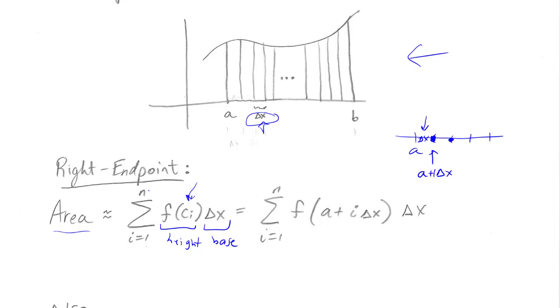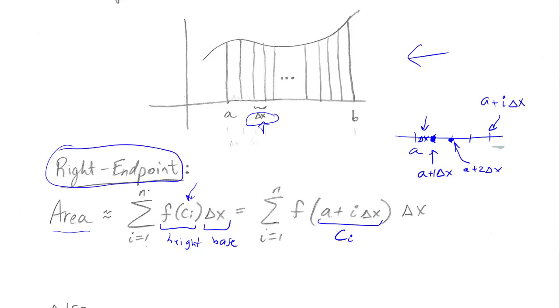To get to the next one, you would need another delta x, a total of 2 delta x's. In general, to get to, say, this point here, that would be a plus i delta x, where i is whatever interval you're on. So this is a way of writing c_i for the right endpoint: a plus i delta x.